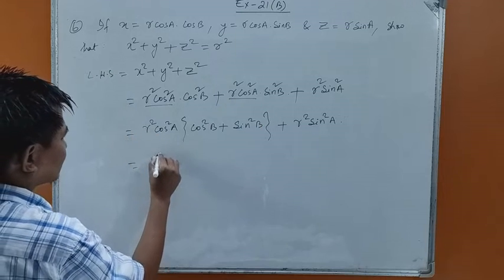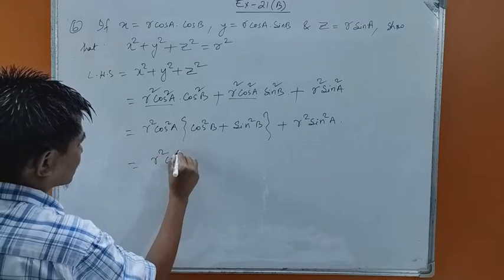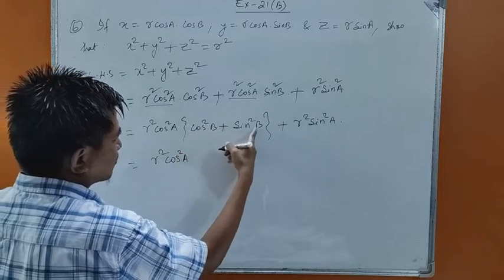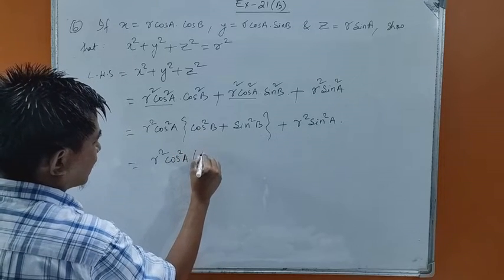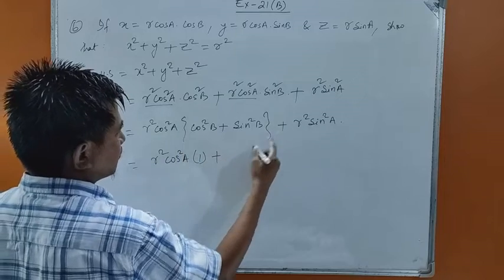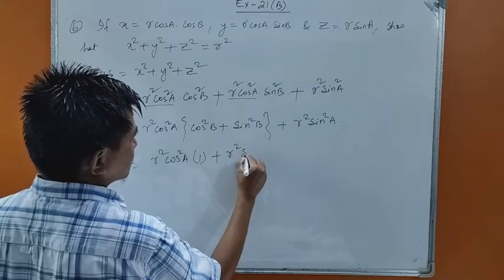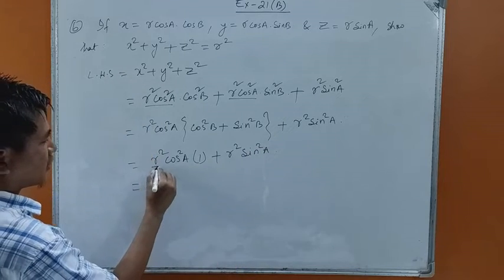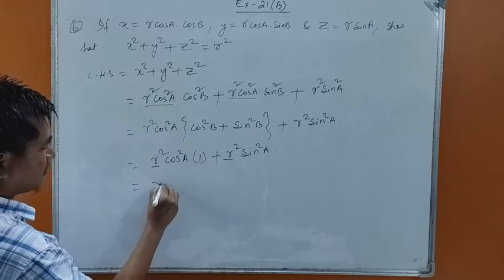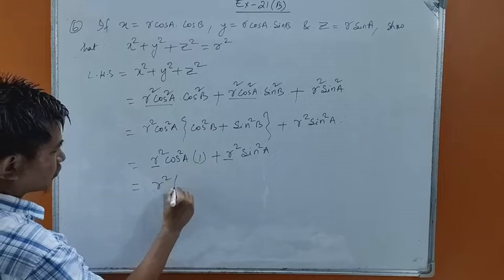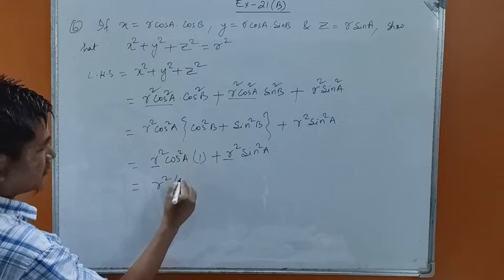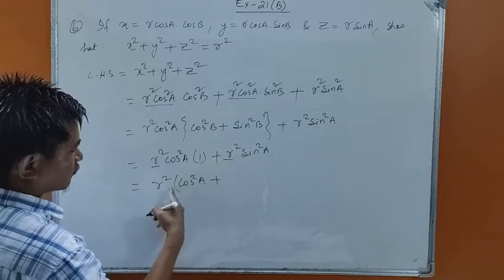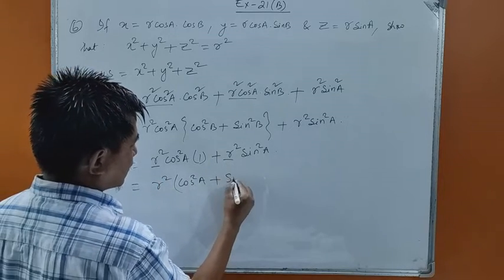So this is r square cos square a, and this is 1, isn't it? Cos square b plus sin square b is 1, so we write 1 here, plus we have r square sin square a. Are you getting me? So this r square and r square can be taken common. Within the bracket, cos square a into 1 is cos square a, plus sin square a.